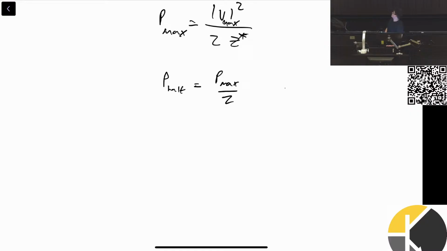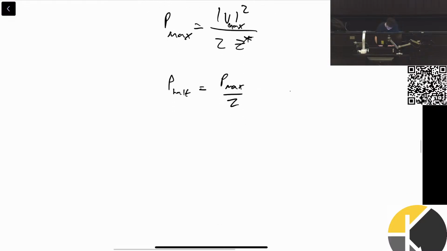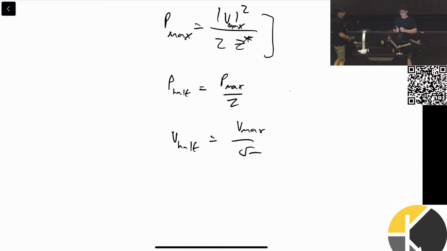You can see why, in this specific case, if we set this up, we will obtain that v half equals v max divided by square root of 2. It comes directly from this equation because of the proportionality. I think you asked a more general question, but that's the specific case.